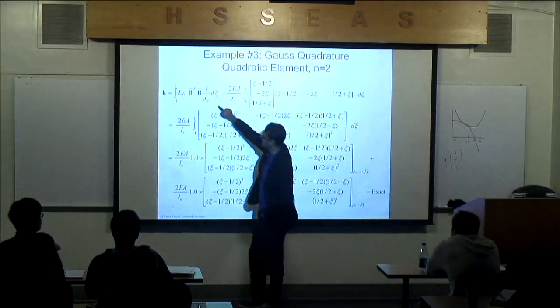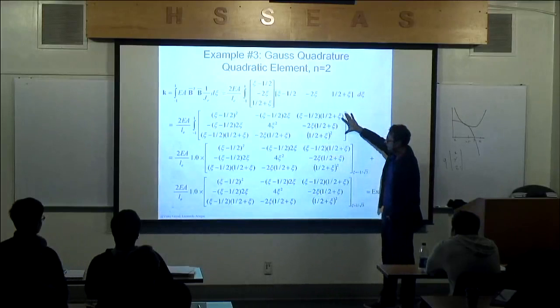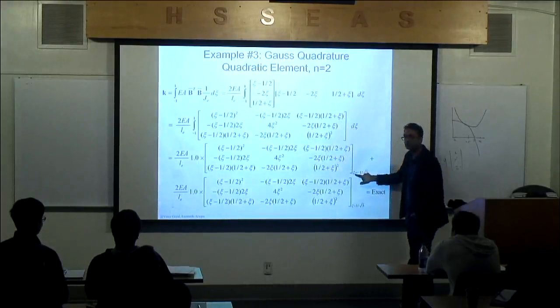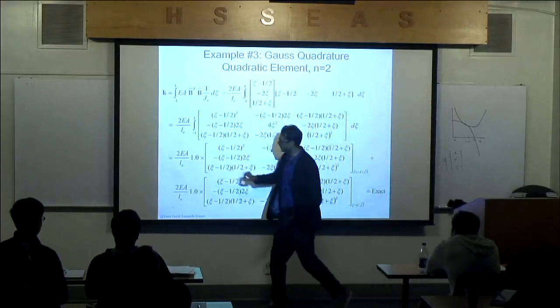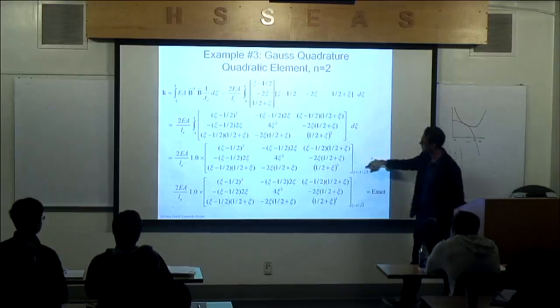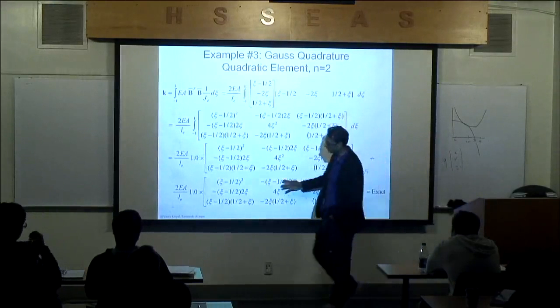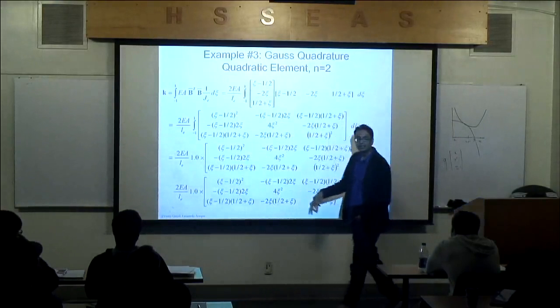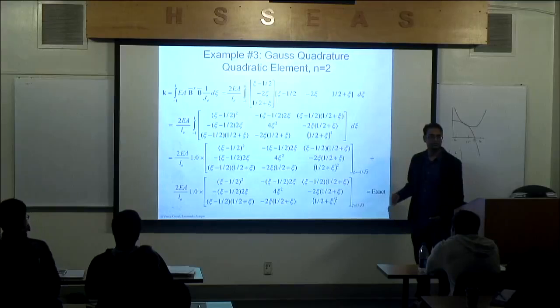I evaluated this phi at one of the Gaussian quadrature points with a weight of 1, plus I did a 2-point rule, so n equals 2, plus the second point times the weight of 1. I added it up, and guess what? I didn't want to show it because it was exact. It was the same thing I got on the previous page.